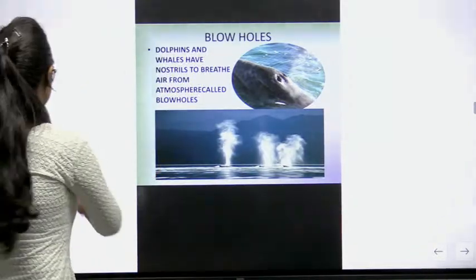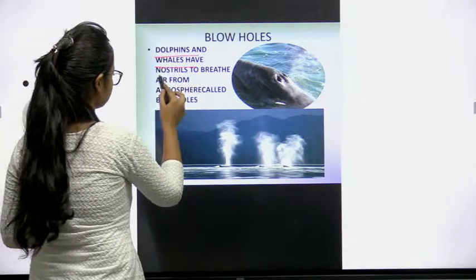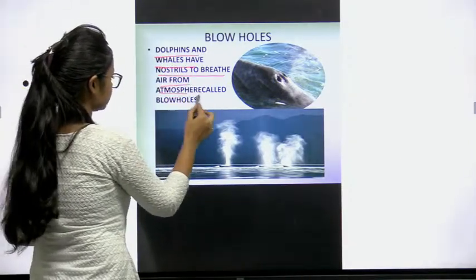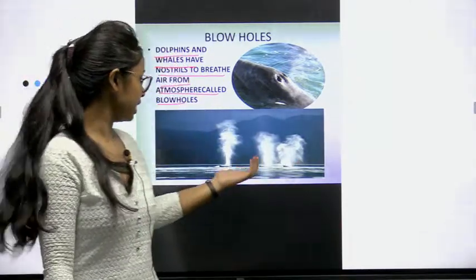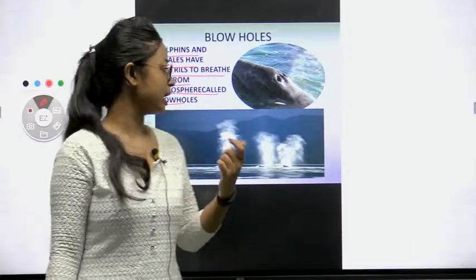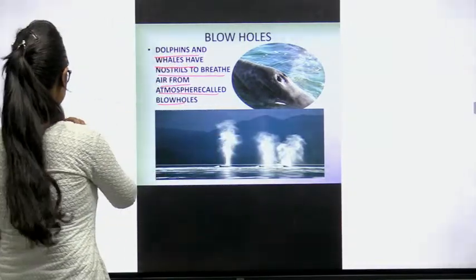Dolphins and whales have nostrils, blowholes, to breathe air from the atmosphere. As I told you, they don't have gills, they have nostrils on the top of their head. Clear?